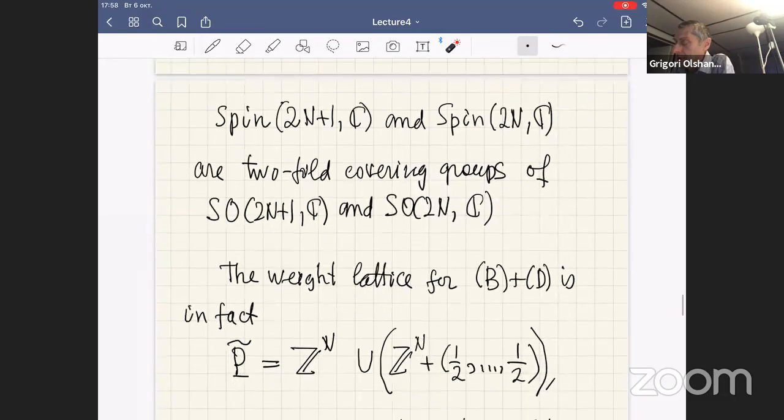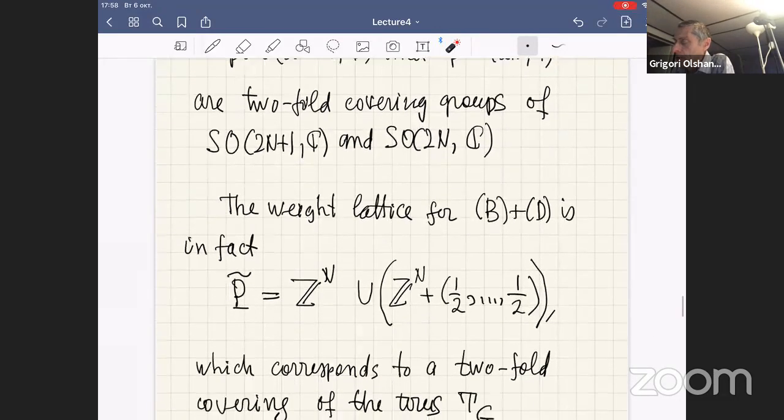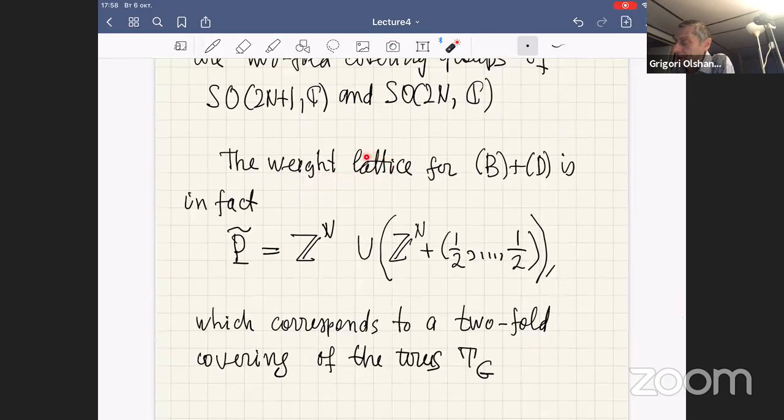So what happens now? It happens now that the true definition of the weight lattice, which is applicable to the spinor group, is obtained as follows. We have to enlarge a little bit our lattice. I denote it by tilde. We have to add the shift of the lattice by this vector, which just means that the coordinates are either integers or they are all half integers.